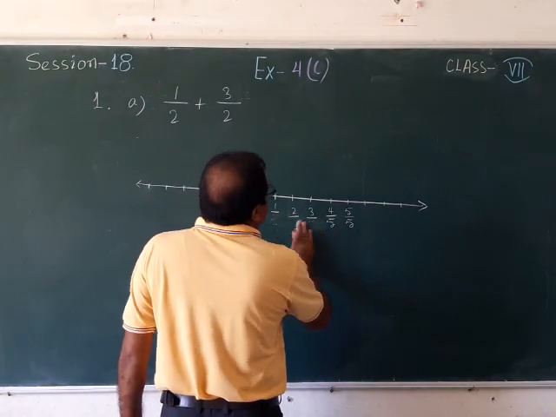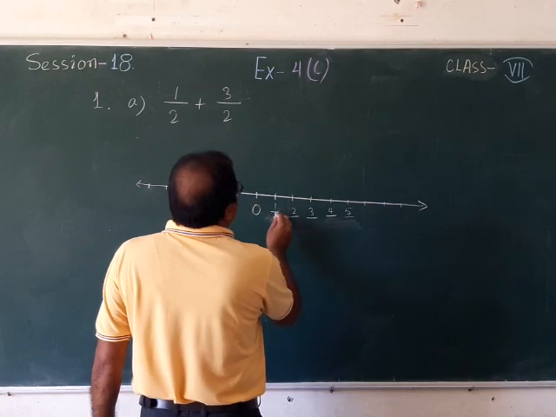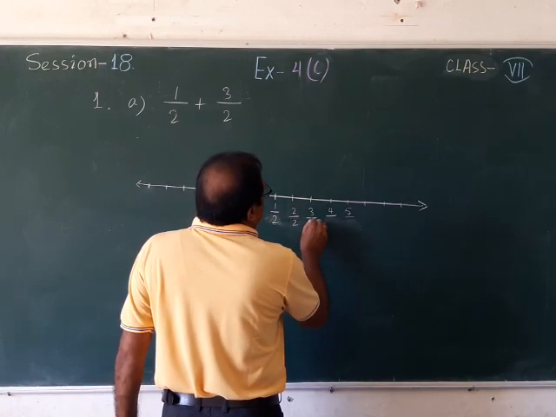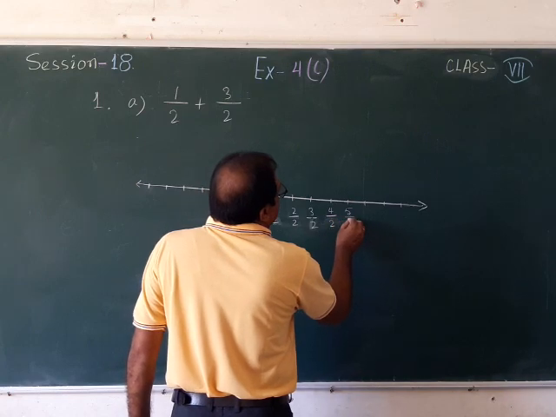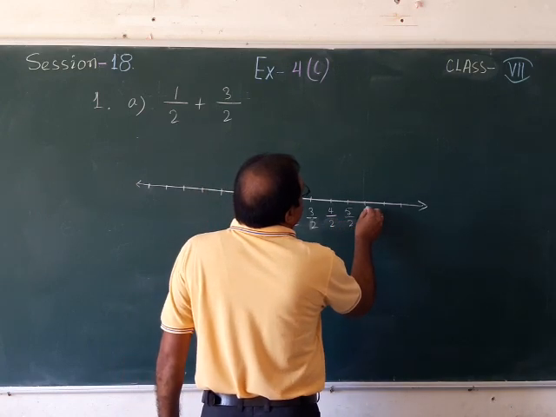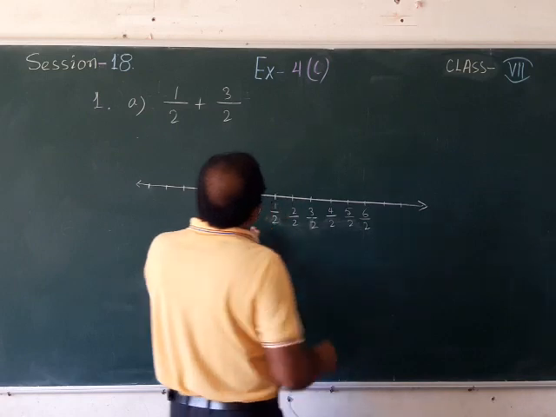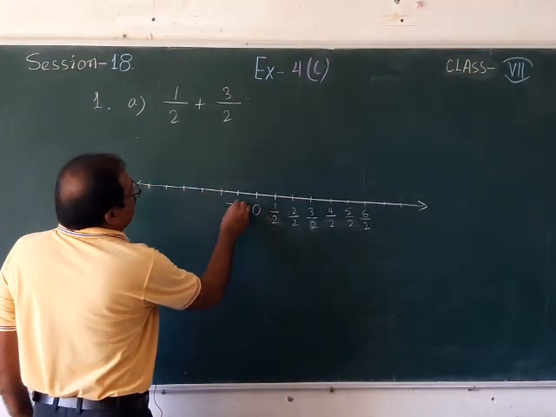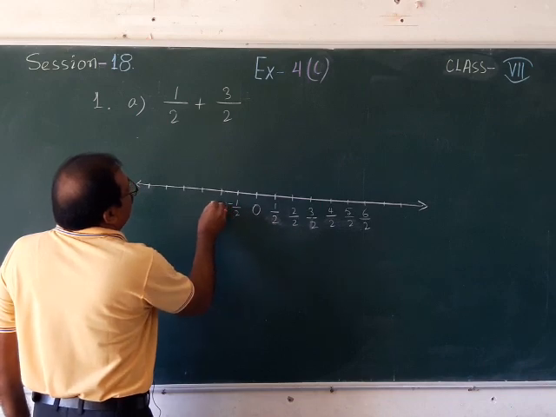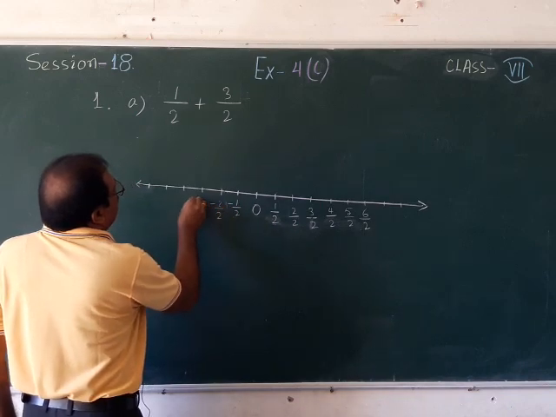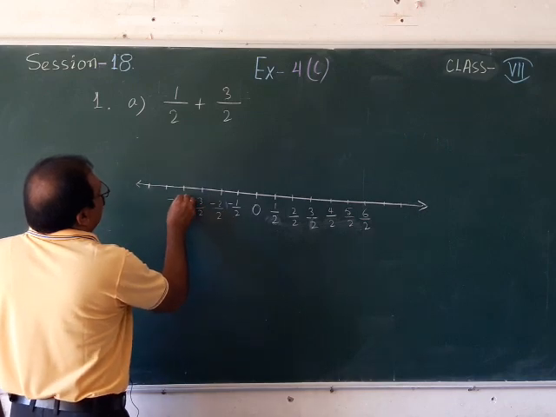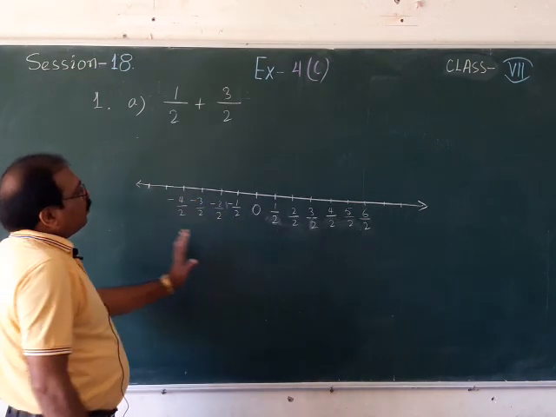Oh sorry, here it is 1 by 2, so 1 by 2, 2 by 2, 3 by 2, 4 by 2, 5 by 2, then 6 by 2. Like that you can take. On the back side I can write minus 1 by 2, then minus 2 by 2, minus 3 by 2, then minus 4 by 2. Like that you can move.